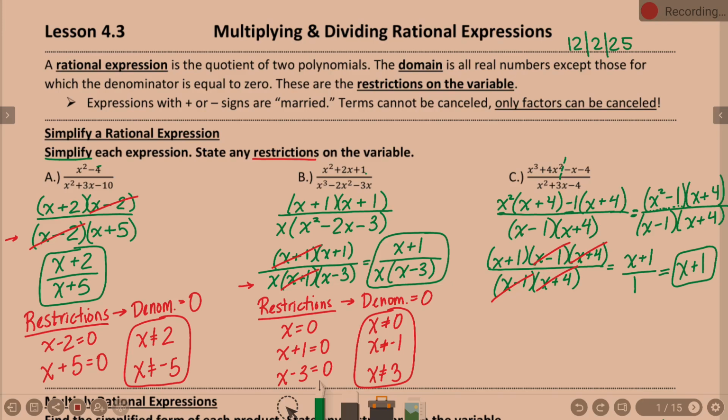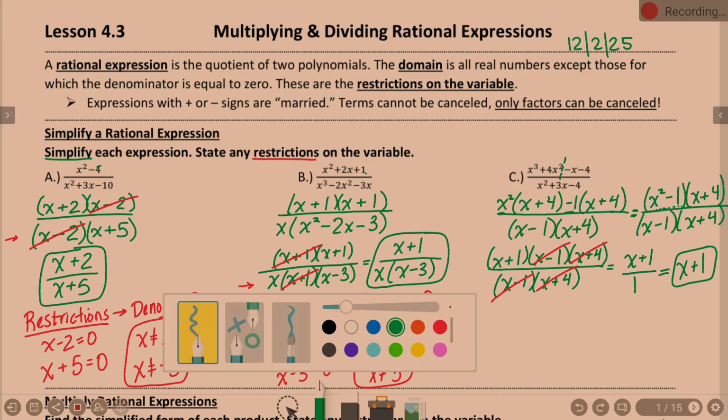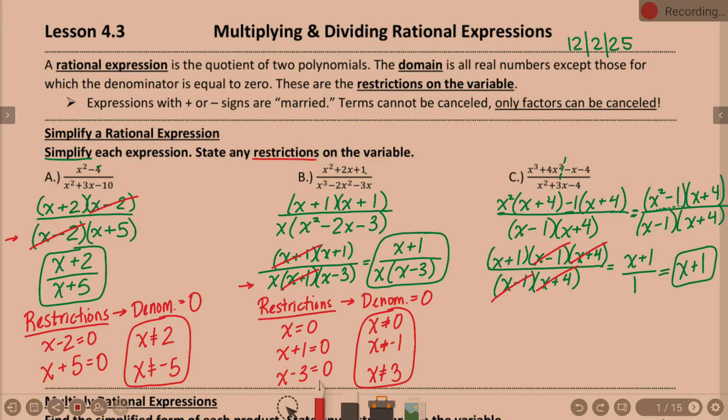Okay, what about restrictions? Restrictions on the variable, you're going to set your denominator equal to 0. What factor denominator do we want to use? Really, you can use any of them, right? Your fully factored denominator before you cancel anything.